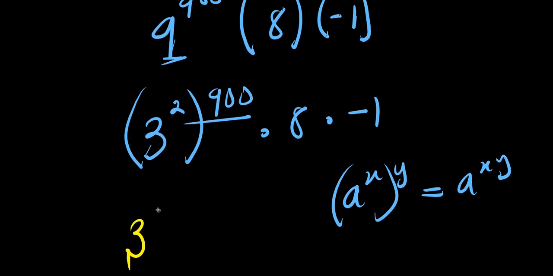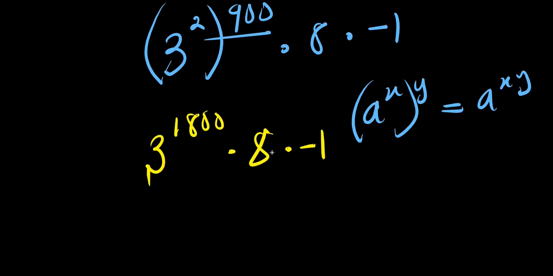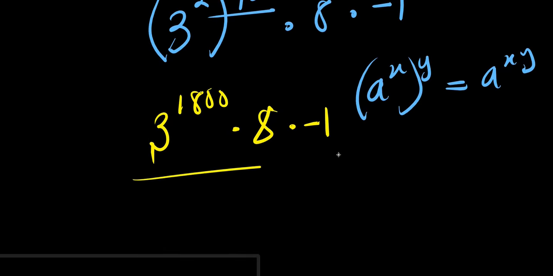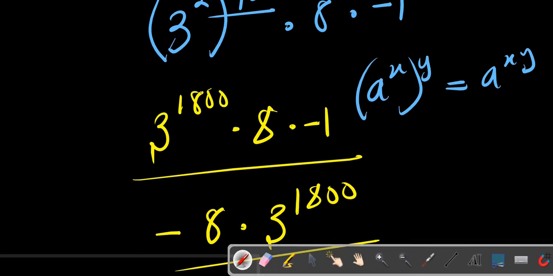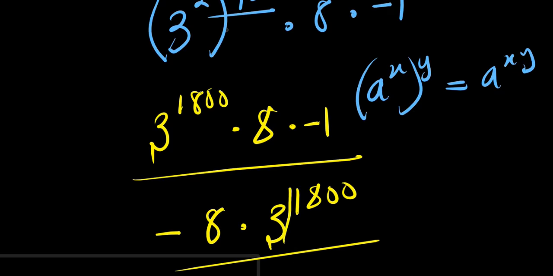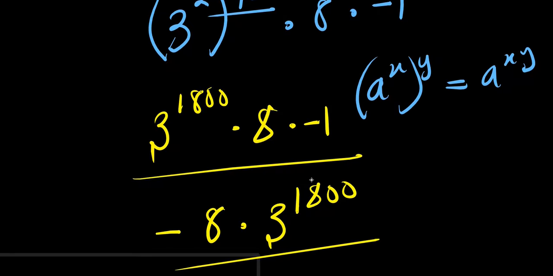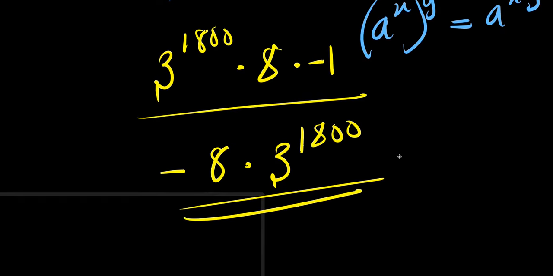I'll have 3 to the power of 1800 times 8 times negative 1. So if we multiply this out, we are going to have negative 8 times 3 to the power of 1800. This becomes our answer. This becomes our answer as well. So if you observe, the only difference is that we have a minus here.